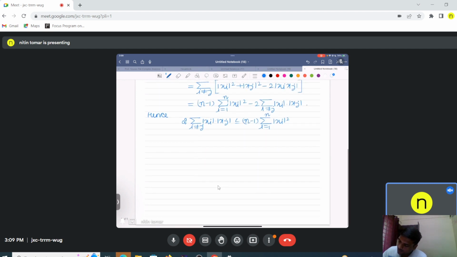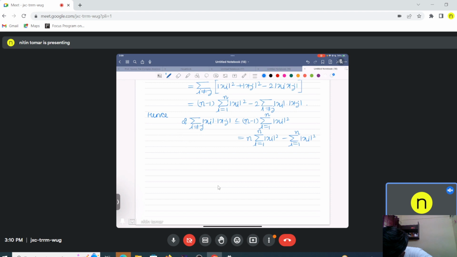Now if you add the summation of mod xi square to both sides, this is n times the summation of mod xi square, i going from 1 to n, minus the summation of mod xi square.